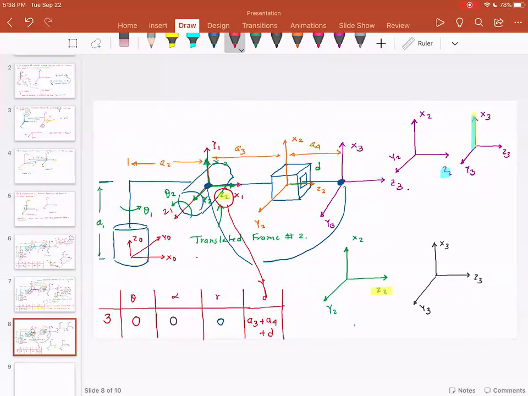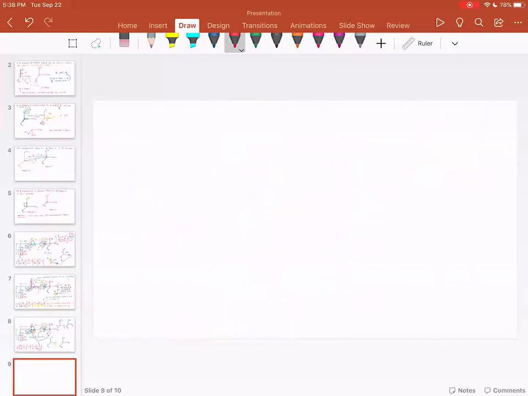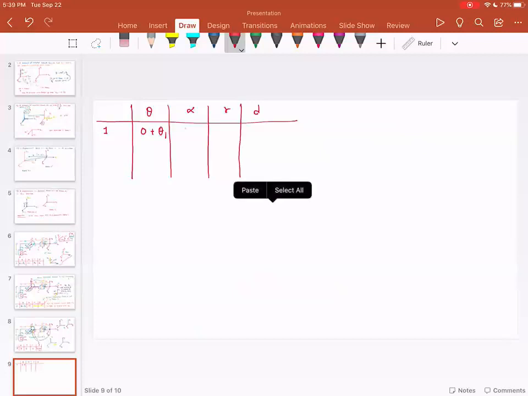Now if I look at my total DH parameter table, you will have theta, alpha, R, and D. And you will have 1: 0 plus theta 1, 90, A2, A1. 2: 90 plus theta 2, 90, 0, 0.